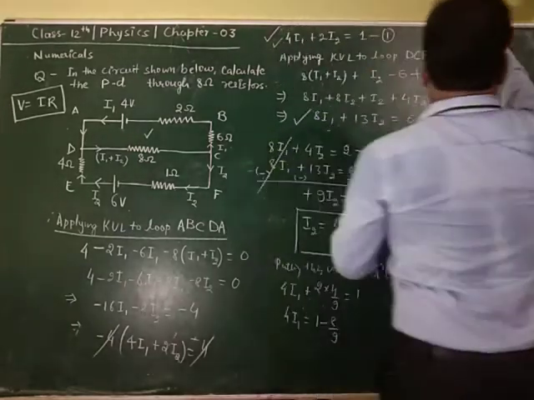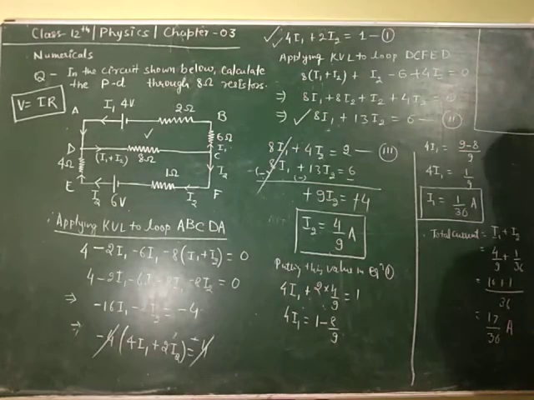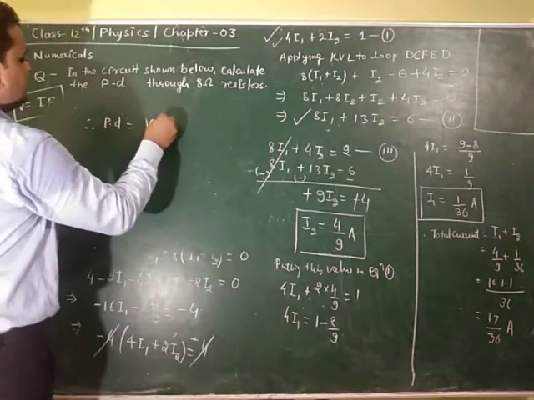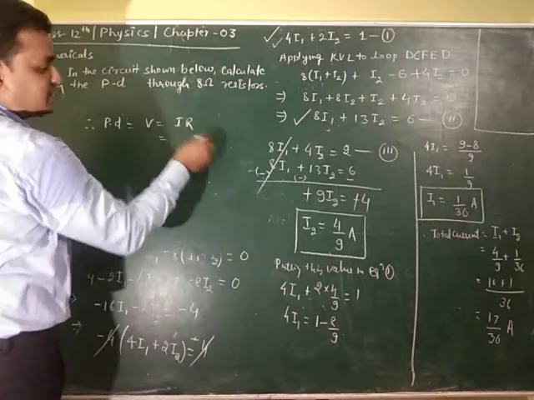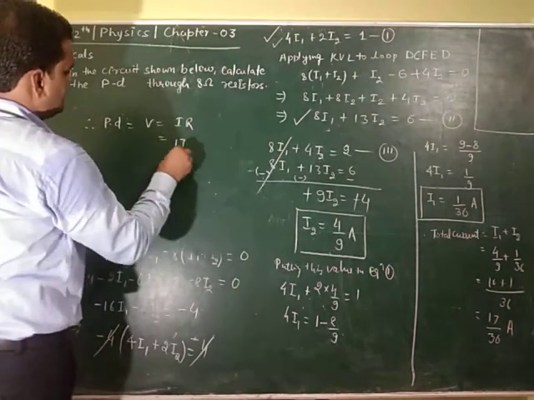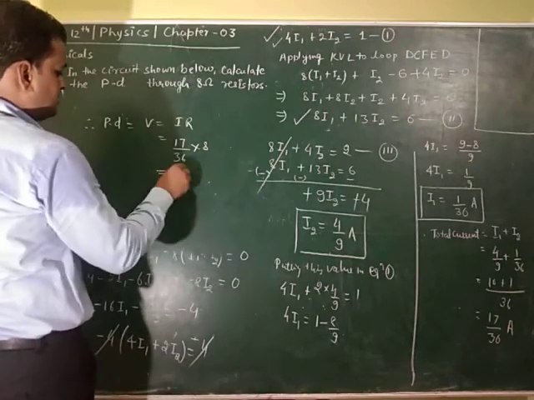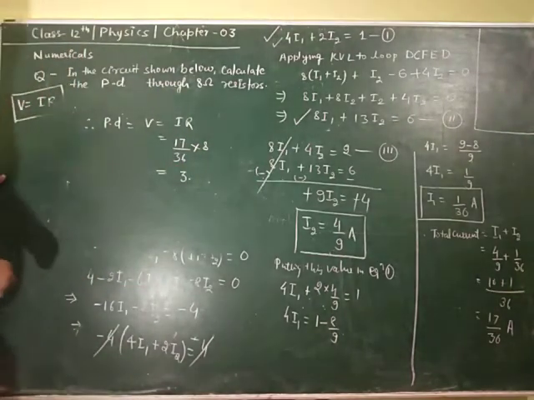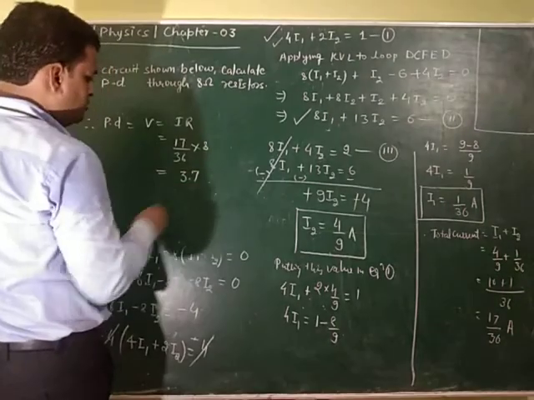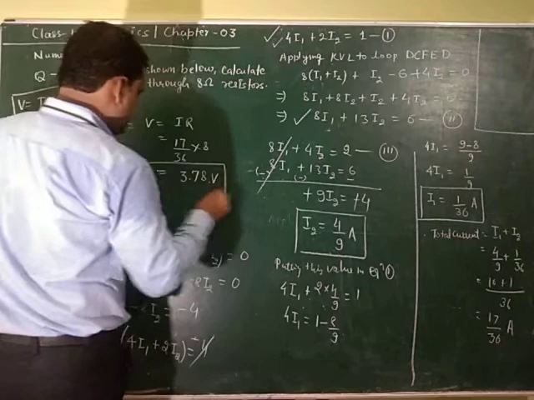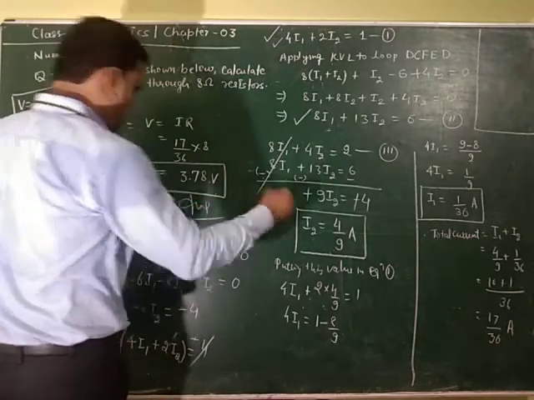This is the total current value. Therefore, the potential difference is V is equals to IR. What is I? 17 by 36, which we have calculated, multiplied by 8. When you calculate this, the total calculation is 3.8 volt. So this is our result of the problem. That's all.